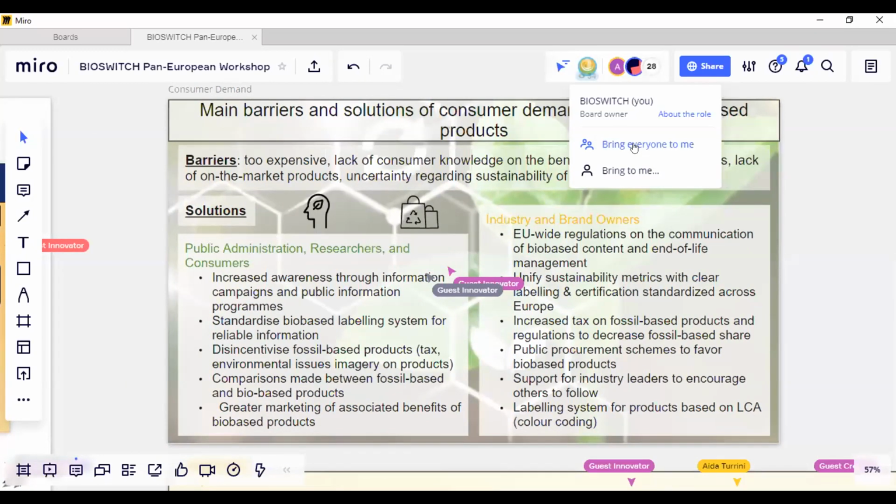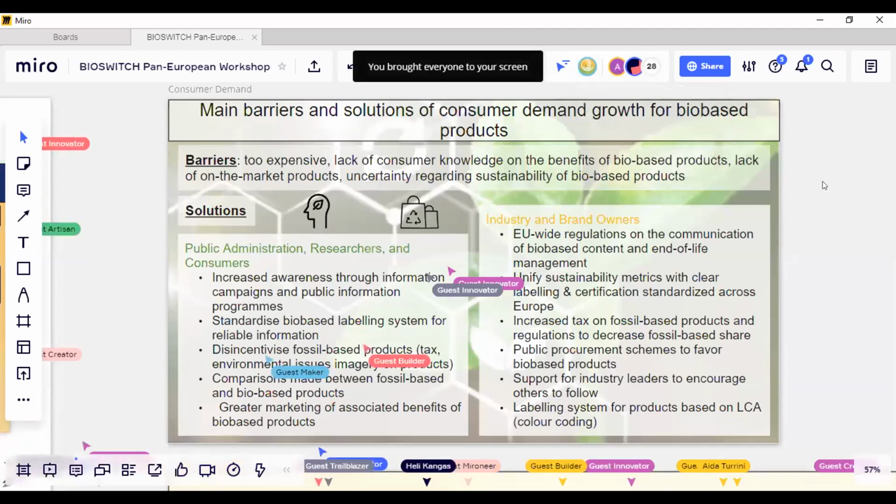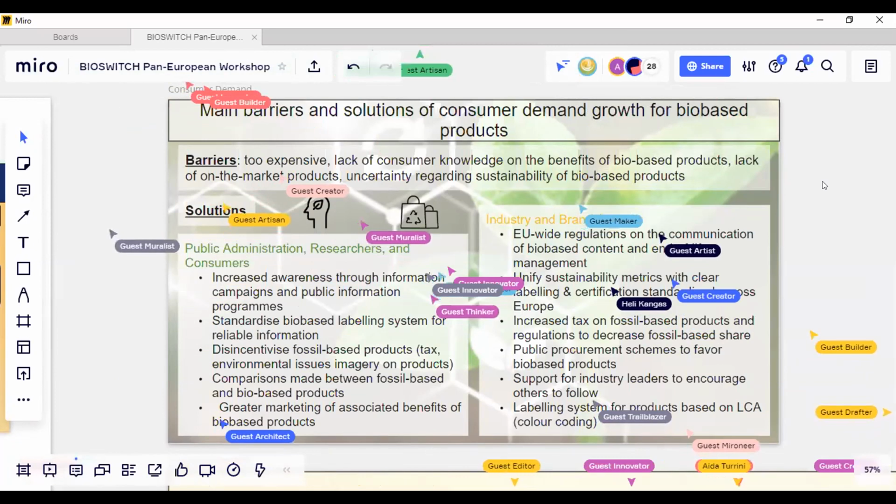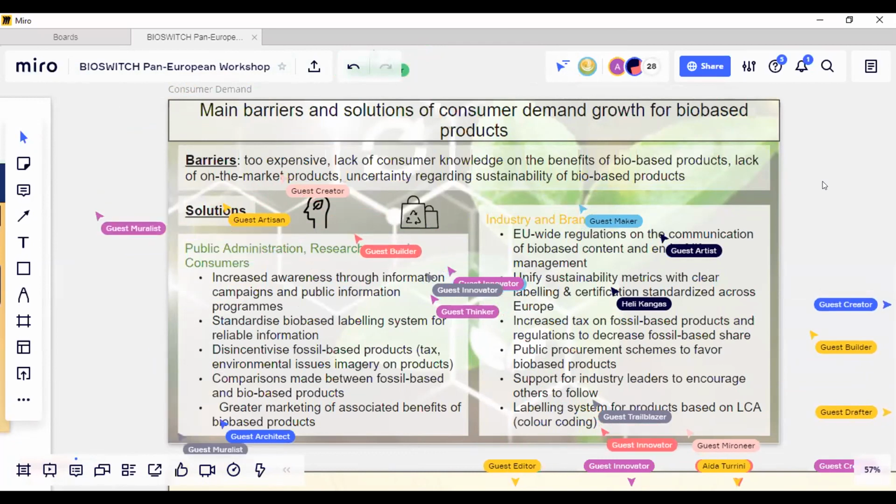Yes, and I move on now to the consumer demands and motivations. So the barriers to uptake by consumers are cost again, lack of consumer knowledge on the benefit of bio-based products, lack of on-the-market products, and uncertainty regarding the sustainability of bio-based products.